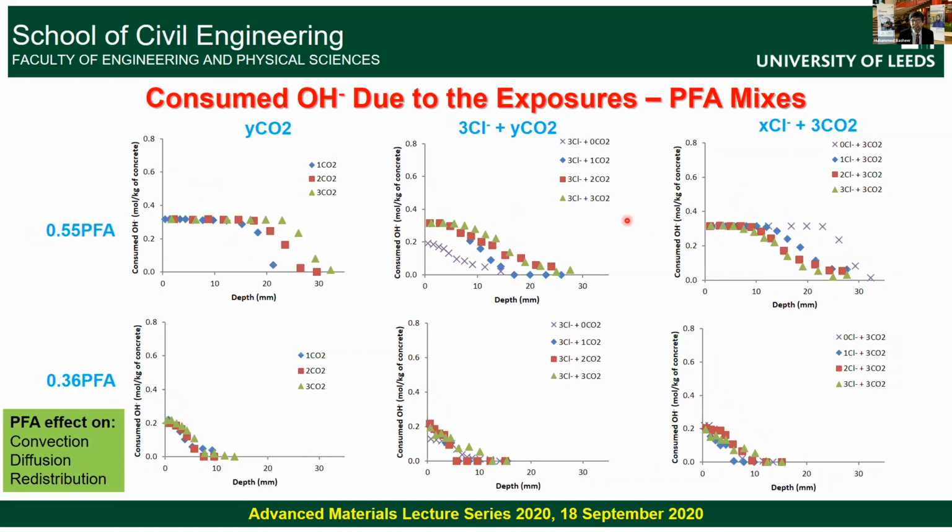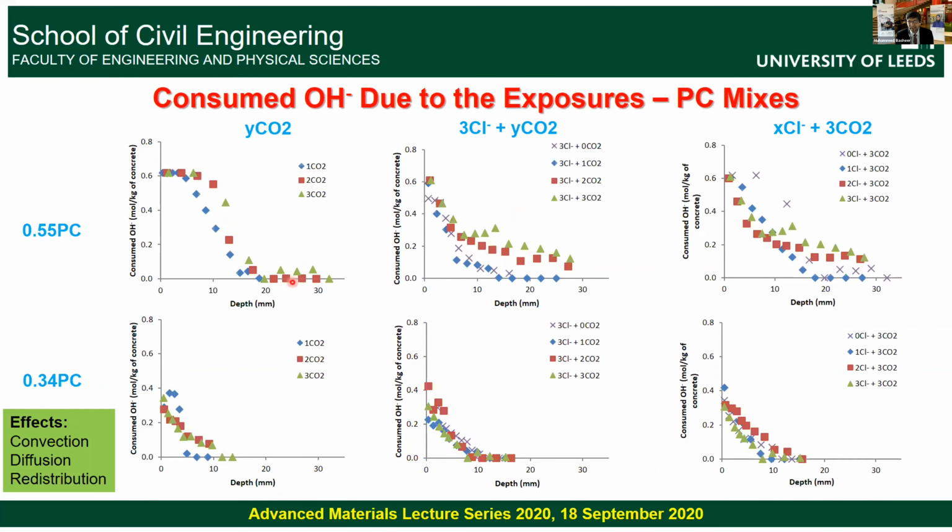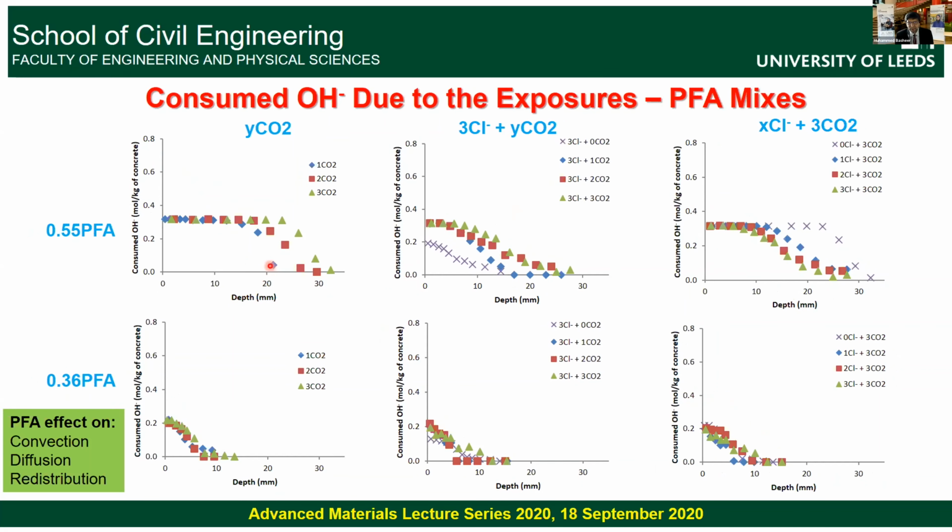Now, if you go to the next type of concrete, that's the pulverized fuel ash concrete mix. Compared to this here, you just see the way this concrete behaved. The surface conversion is different and the penetration into the concrete is different. That means the degree of carbonation right from the surface into the concrete is different.